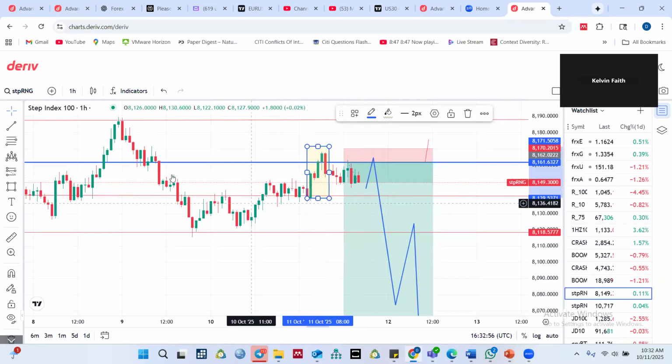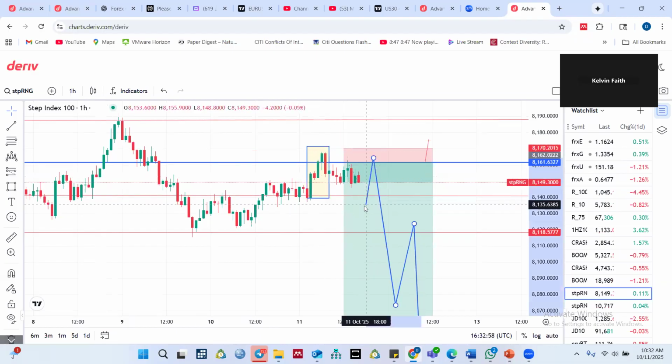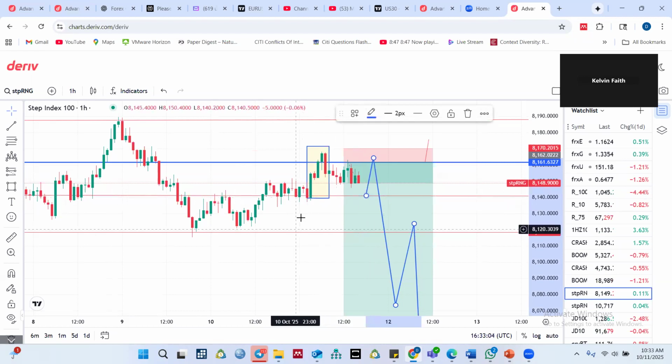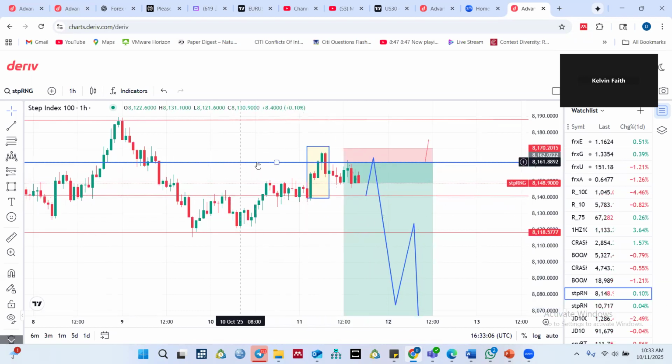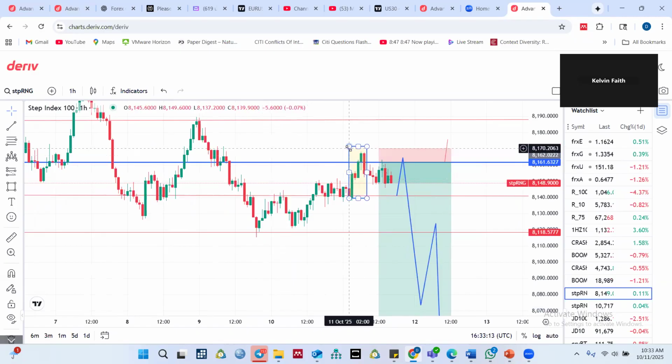Until we close below this place, we have not discredited them yet. But the good thing is we are below the main magic support or precision support line, which is a good thing.